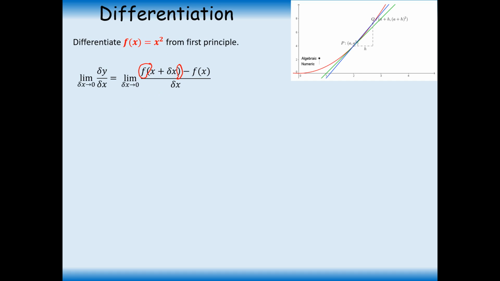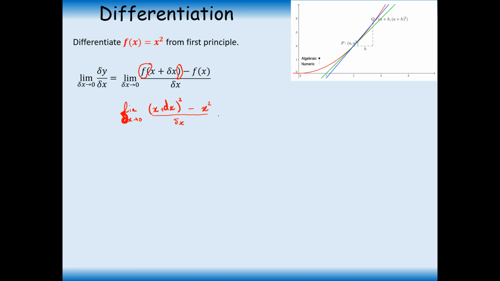So if I write it by hand, limit of curly x going towards 0 of x plus dx here is going to be squared, and we're going to subtract the f of x, which is x squared itself, and that all divides by delta x. Actually, that's the name for this curly d. They call it delta x.